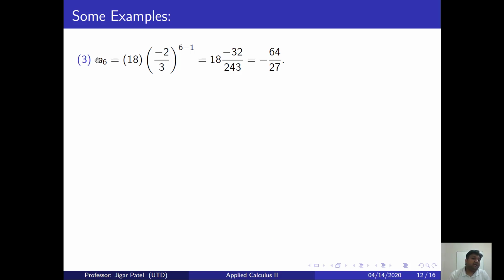I can calculate the sixth term by simply substituting n equal to 6 in an. I get 18 times negative 2/3 to the 6 minus 1. This is the 5th power of negative 2/3, which is negative 32 over 243. If you cross out 9 from the top and the bottom, you get negative 64 over 27.